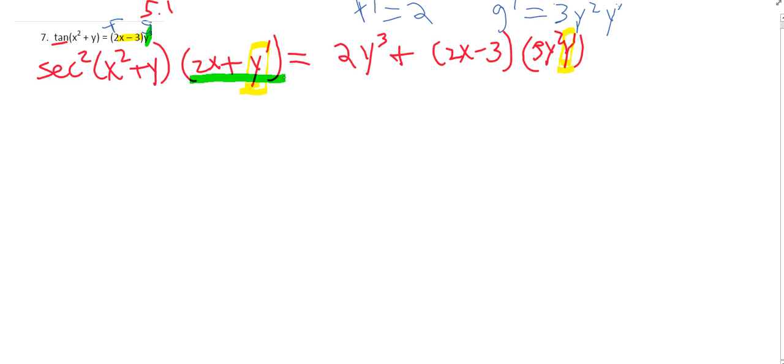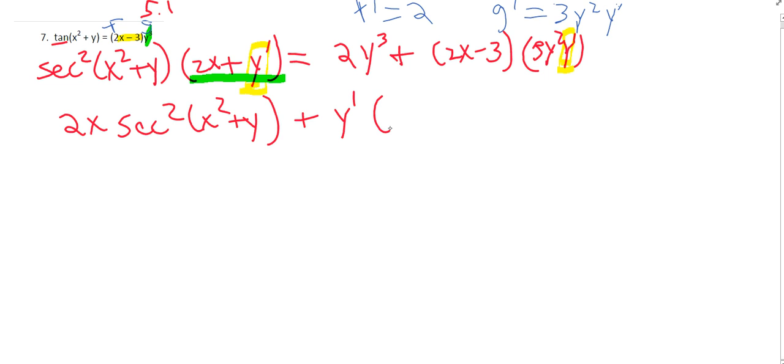This whole term, we could distribute it back to that secant squared. So that would look like 2x secant squared x squared plus y plus y prime times secant squared of x squared plus y.